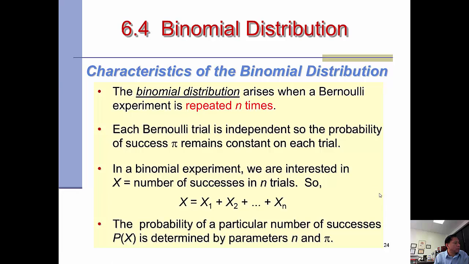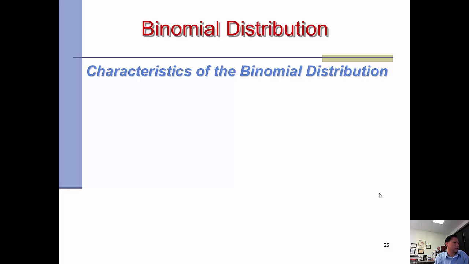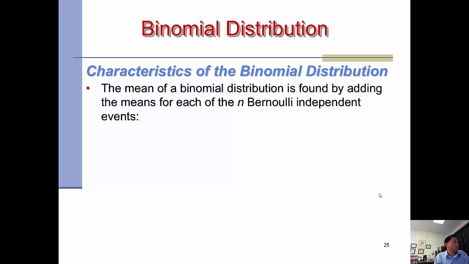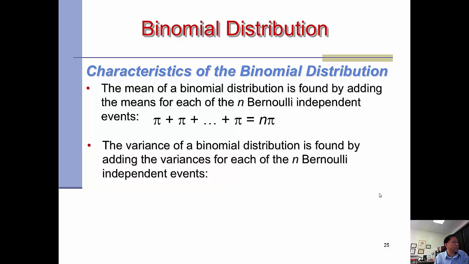And the probability of a number of successes is determined by the parameters n and pi. In this number of trials, pi is the probability of success. The mean of a binomial distribution is found by adding the means for each of the Bernoulli experiments. So pi plus pi plus pi, there are a total of n of them. So the mean is n times pi.